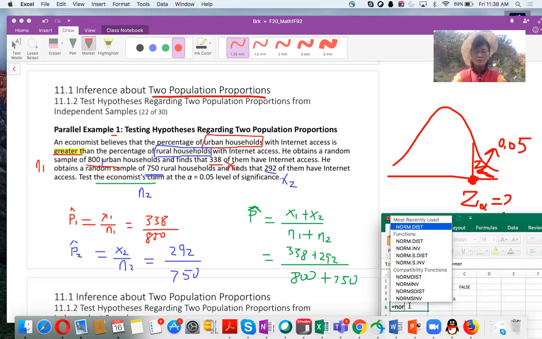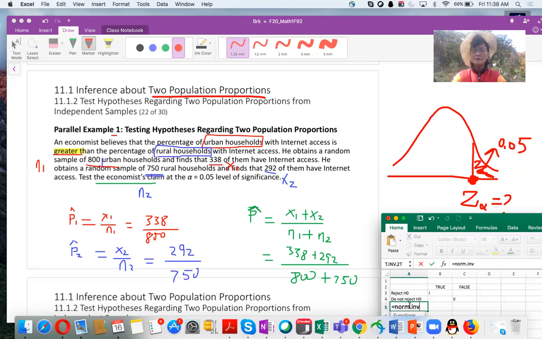So NORM.S.INV, where INV means inverse, to find the critical value. With a mean of 0 and standard deviation of 1, this is the standard normal distribution.